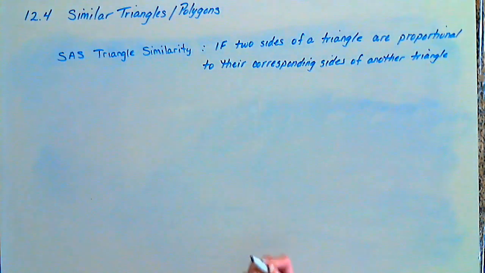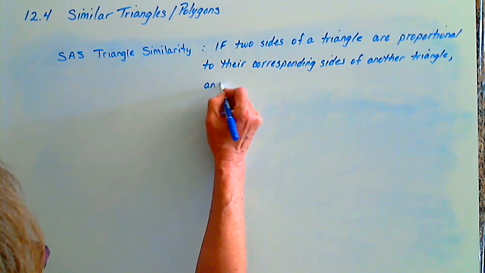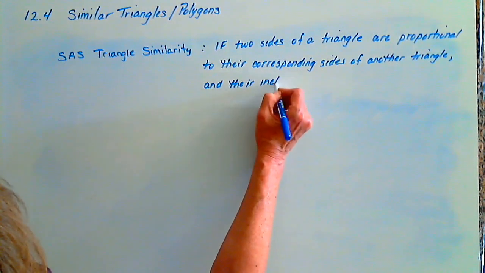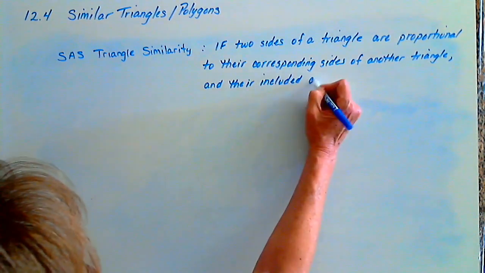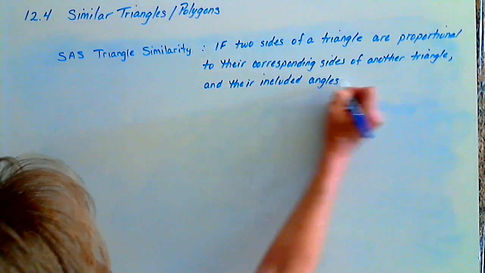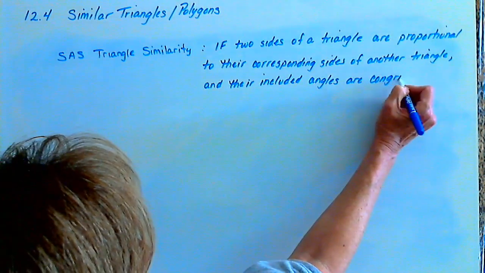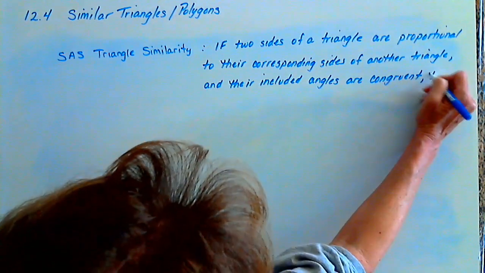We need to also remember that they've got an included angle, and for similarity, the angles must be congruent. So, and their included angle must be congruent, have the same measure, then the triangles are similar.